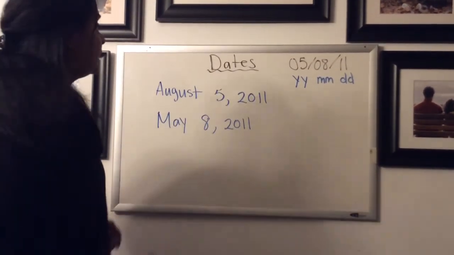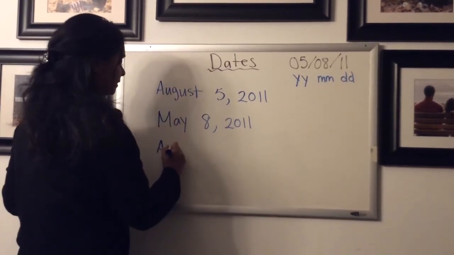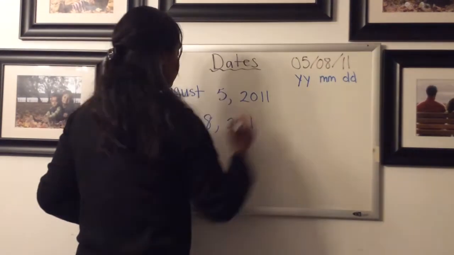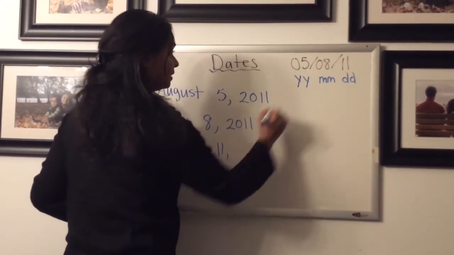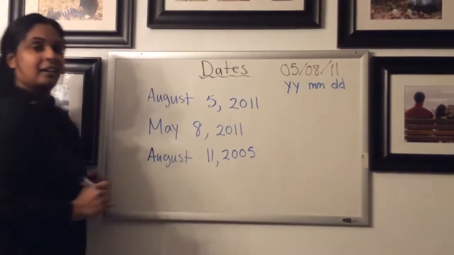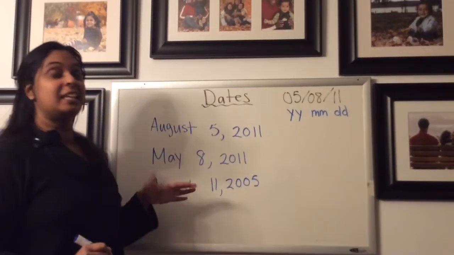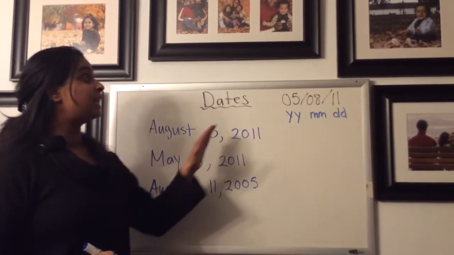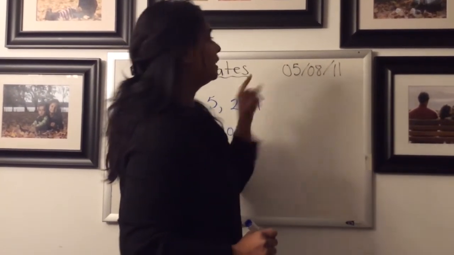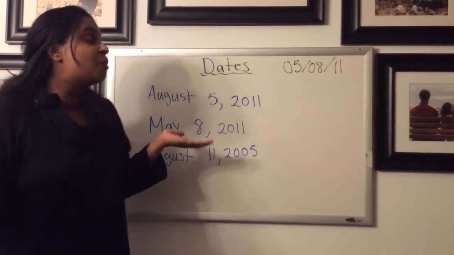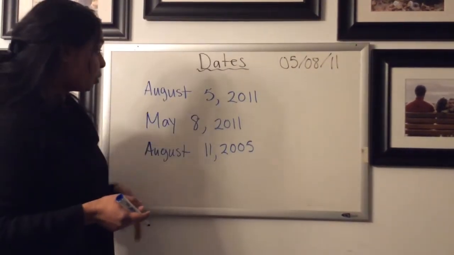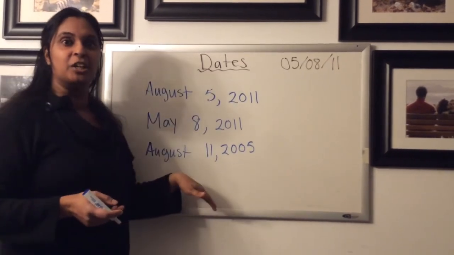So maybe the date is August 11th, 2005. So already we can see 3 different possible dates for this date right here that doesn't tell us what's the day, what's the month, what's the year. So you're going to be able to find more than this, but this is a good start for you.